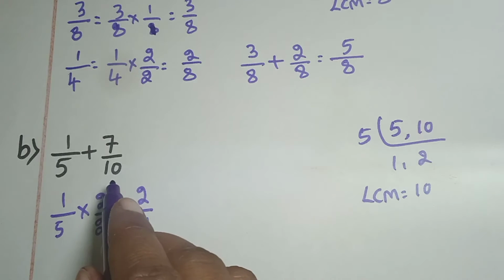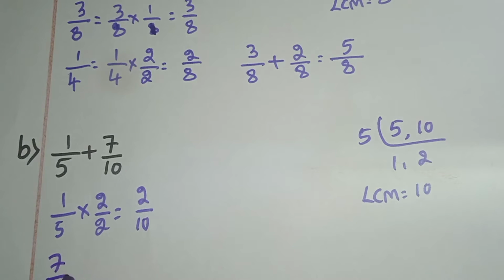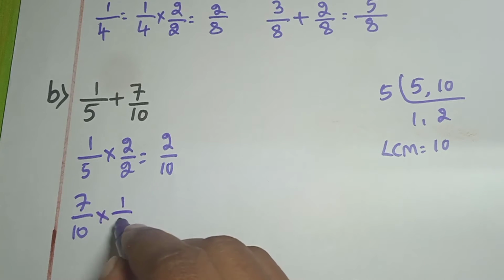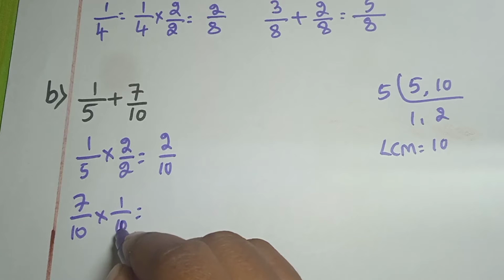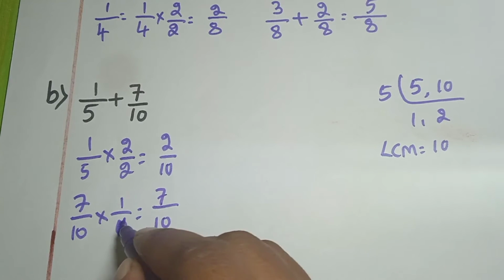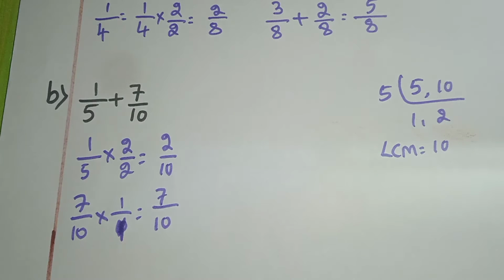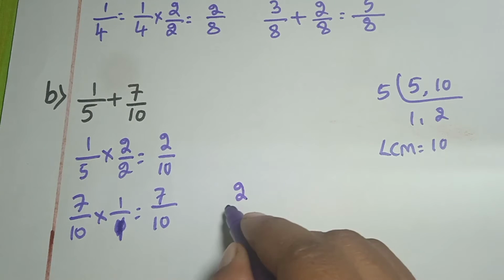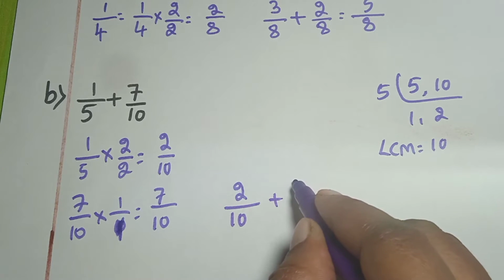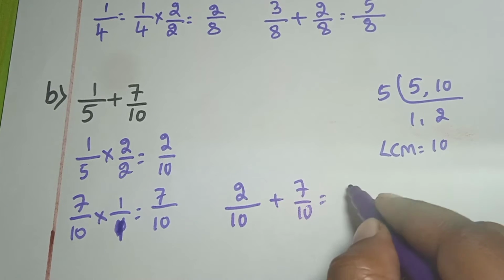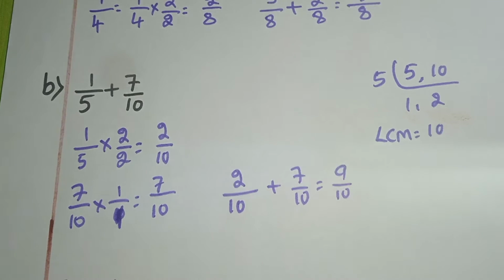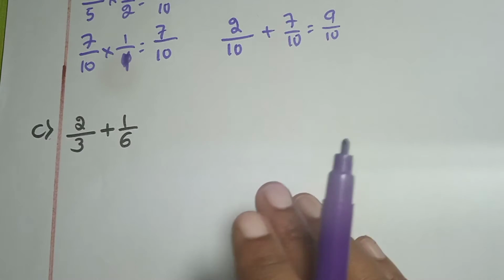Here the denominator is already 10, so we multiply with 1, and we get 7 by 10. Now we add these fractions: 2 by 10 plus 7 by 10. That is 9 by 10. What is the answer children? 9 by 10. Clear?